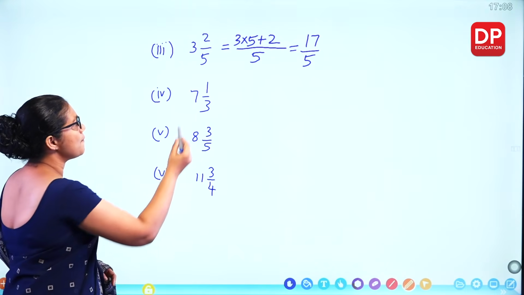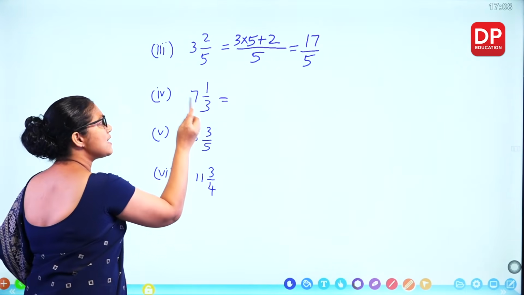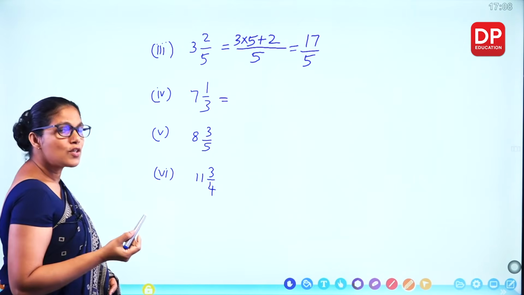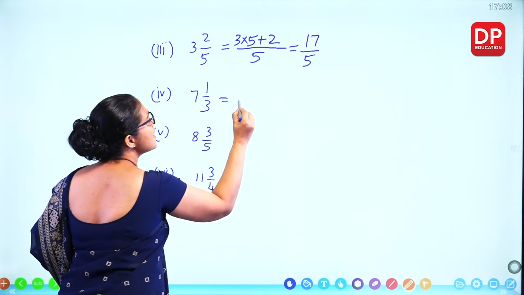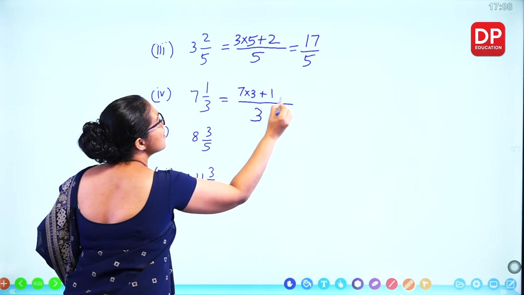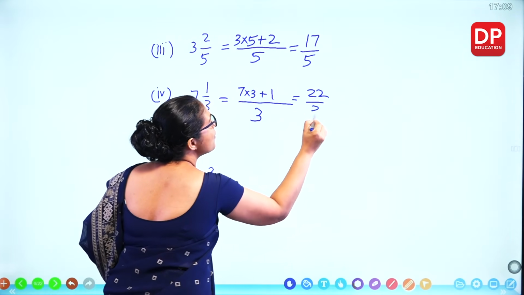What about this one? If you can do it at once, no need to write it down. 3 times 7, 21. 21 plus 1, 22. I'll write it here as well. 7 times 3 plus 1. 7 times 3, 21 plus 1, 22 over 3.